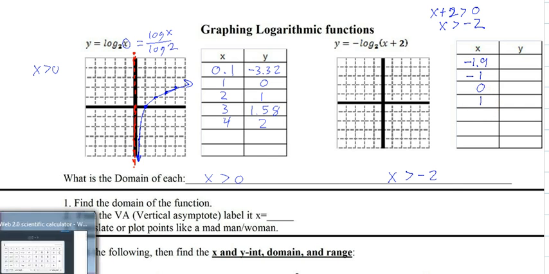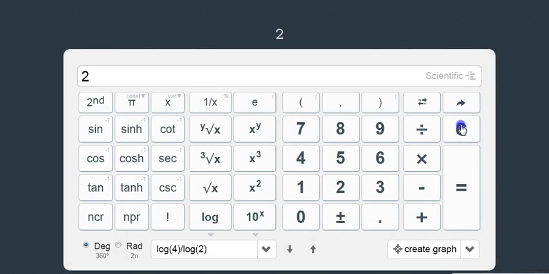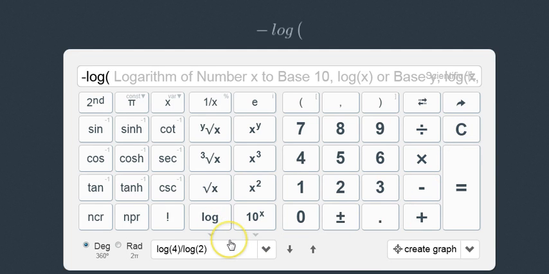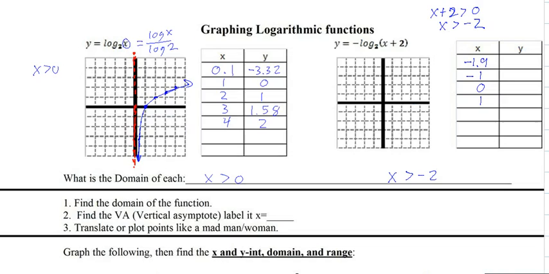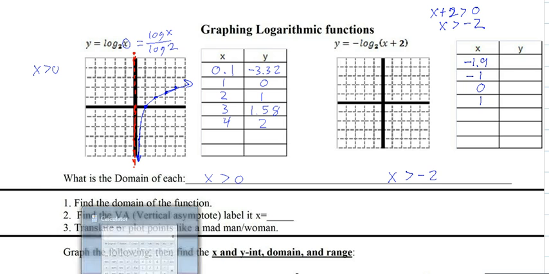So let's plug them in. So we have negative log of negative 1.9 plus 2. And again, you got to divide it by log of 2.